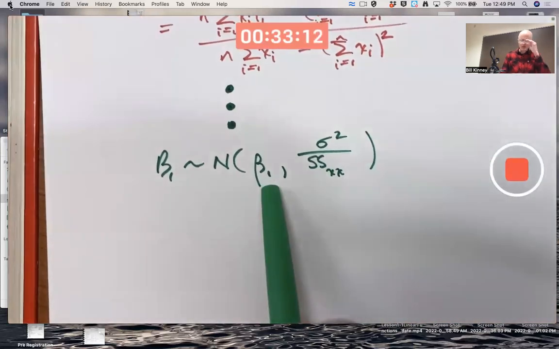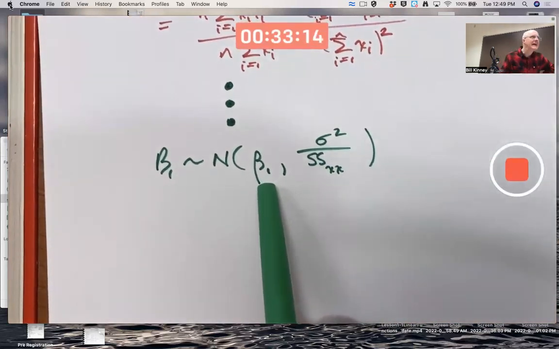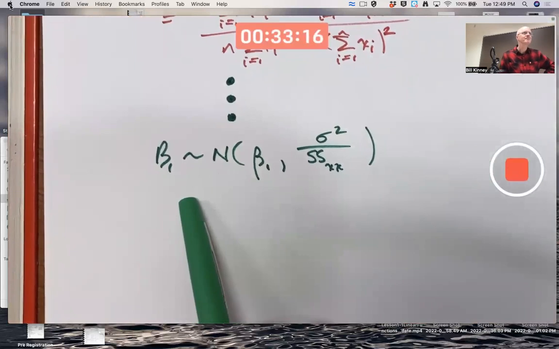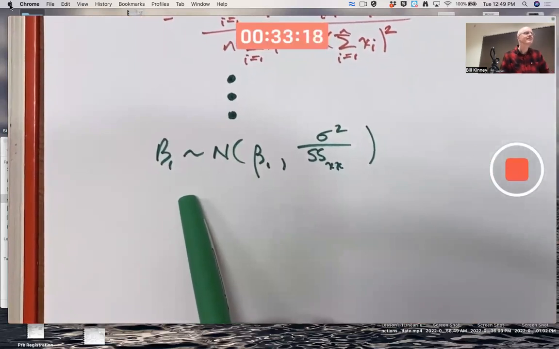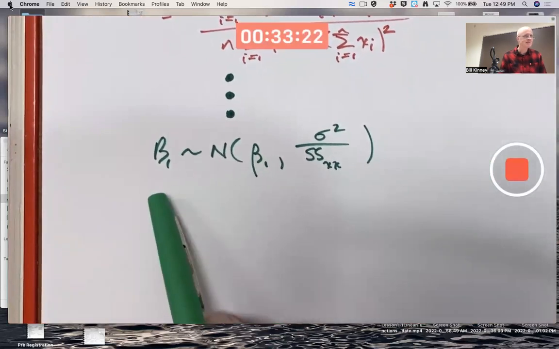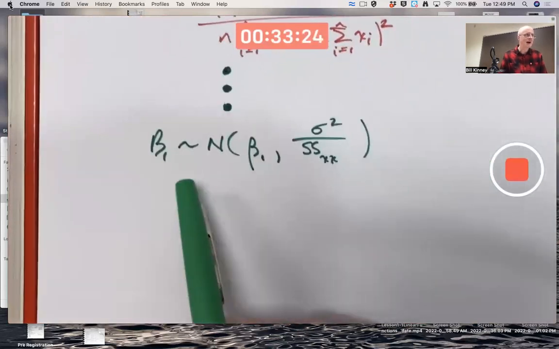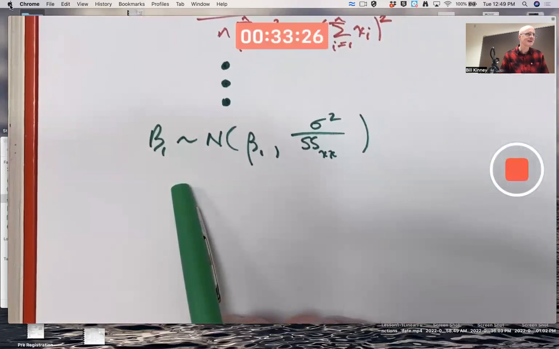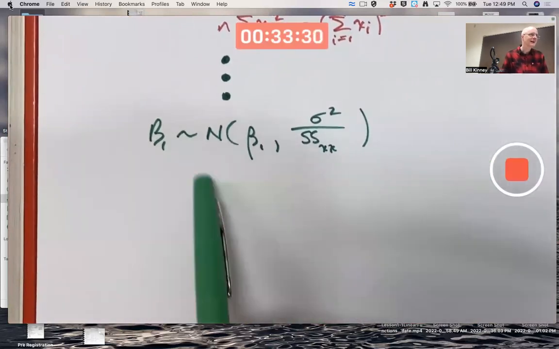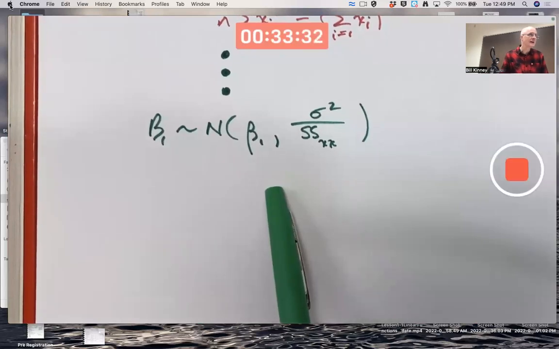Hey, the mean is beta 1. What does that mean about B1? Pun intended. The mean of capital B1 is beta 1. What does that mean about capital B1? It's a blank estimator for what? Fill in the blank.